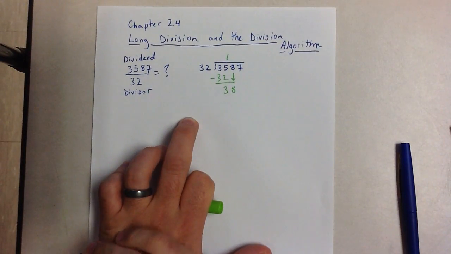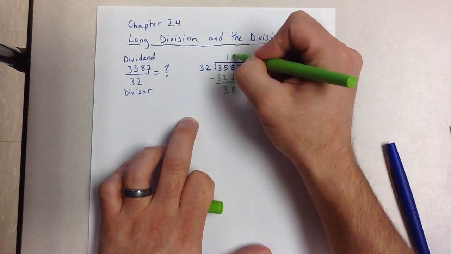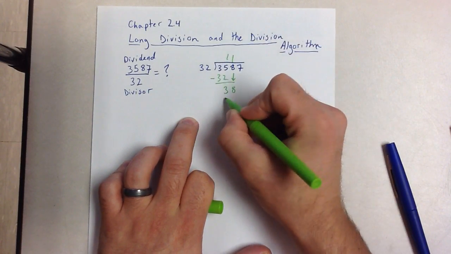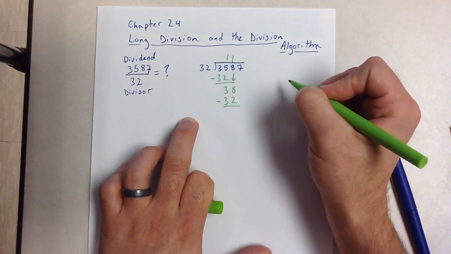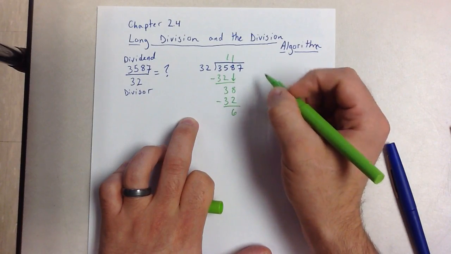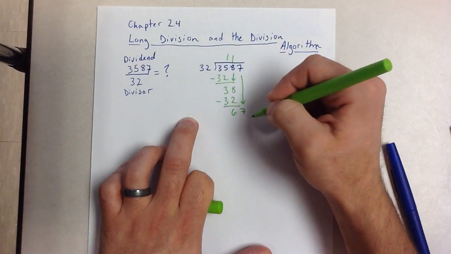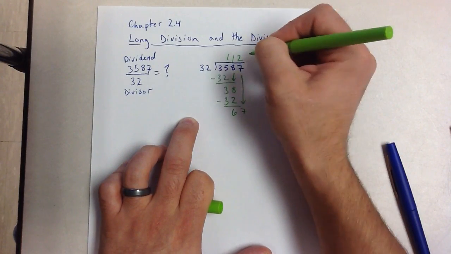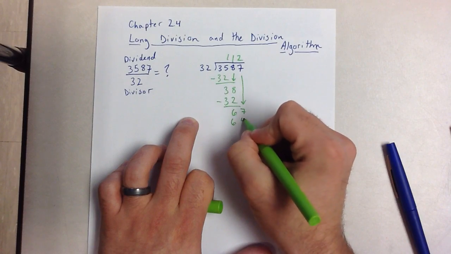So then we think again, 32 now goes into 38 once. Multiply, this is 32. Again, we subtract, giving us 6. Our 7 drops down. Again, 32 can go into 67 twice. Multiplying 2 by 32 gives us 64.